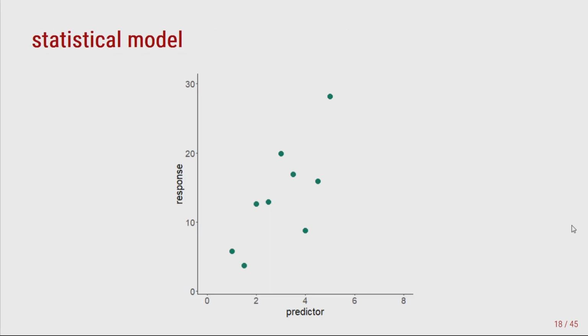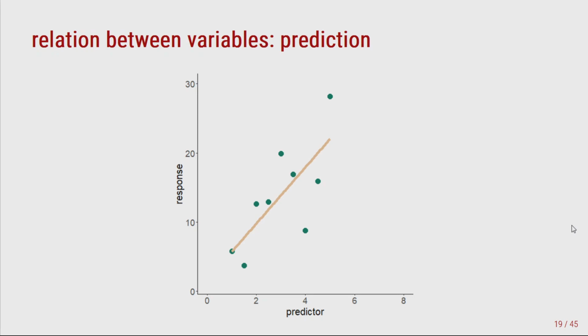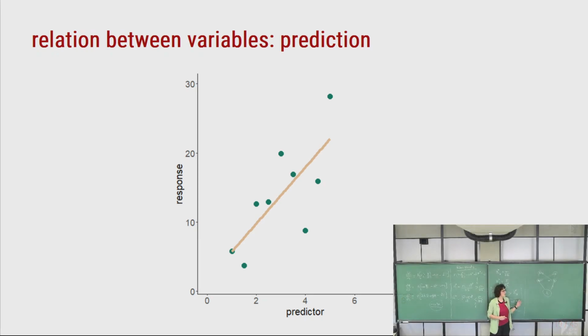And here is just the relationship between the data. I can build here a curve to describe that relationship. This would be my statistical model. And here I'm building a statistical model to predict the relationship between the predictor and the response variable.